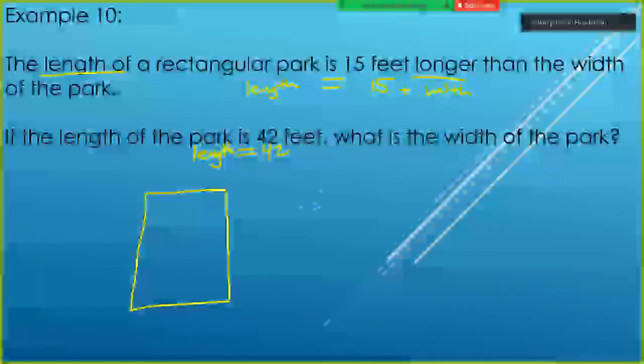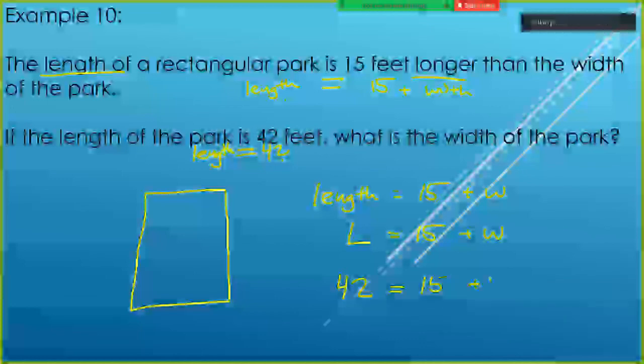This one's not too bad. So 42 is equal to length. So my top equation, we could clean that up. We could say L is equal to 15 plus W. This is not a linear equation because it's got two variables. But as soon as they give us this number 42 and we substitute it in, it becomes a linear equation.